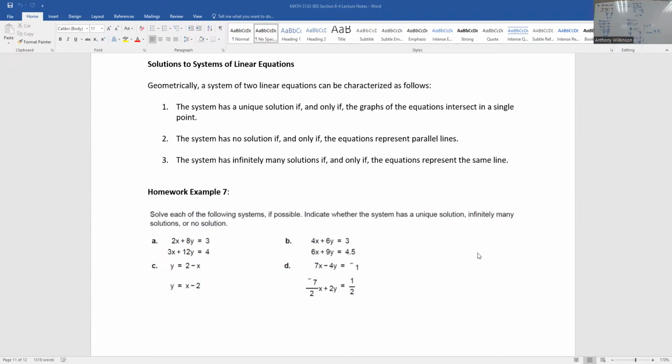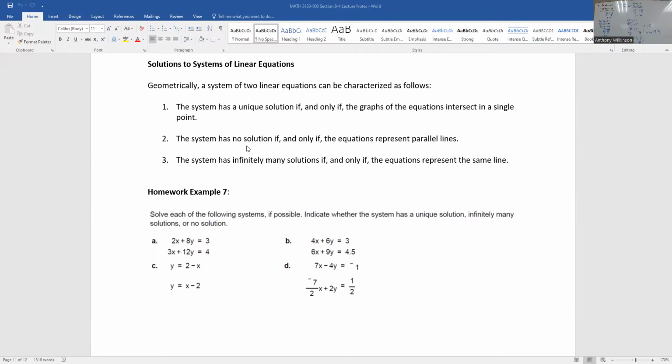If the slopes are different, that means that the system has a unique solution. If the slope is the same on both, but the y-intercepts are different, that means you will have no solution for that system.